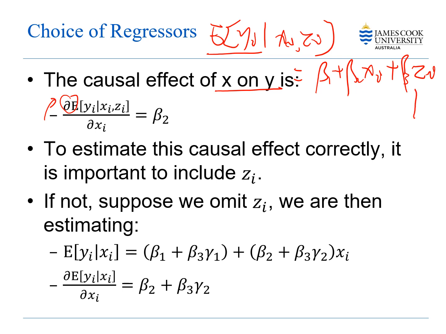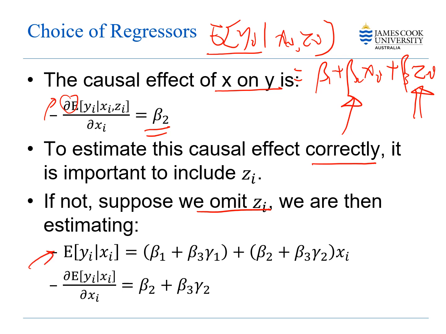Okay, so we get beta 2. So now beta 2 has a causal interpretation. It captures the causal effect of x on y holding z constant. So to estimate beta 2, this causal effect, correctly, it is very important to include z in the regression. Suppose not, so we omit z.